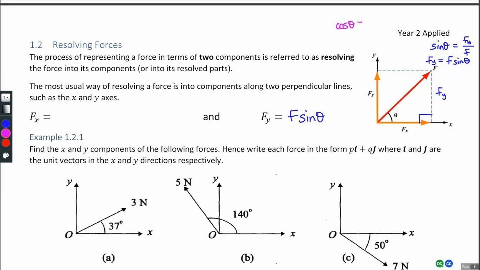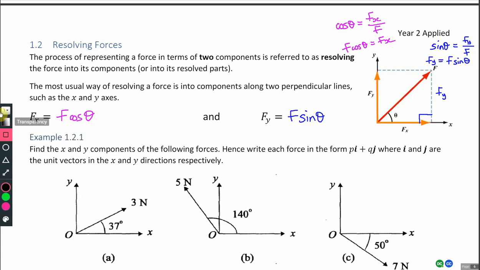So cos theta, which is the adjacent, Fx, over the hypotenuse, which is F. So rearranging that, we get F multiplied by cos theta gives us Fx. And that gives us our two components from the original force.